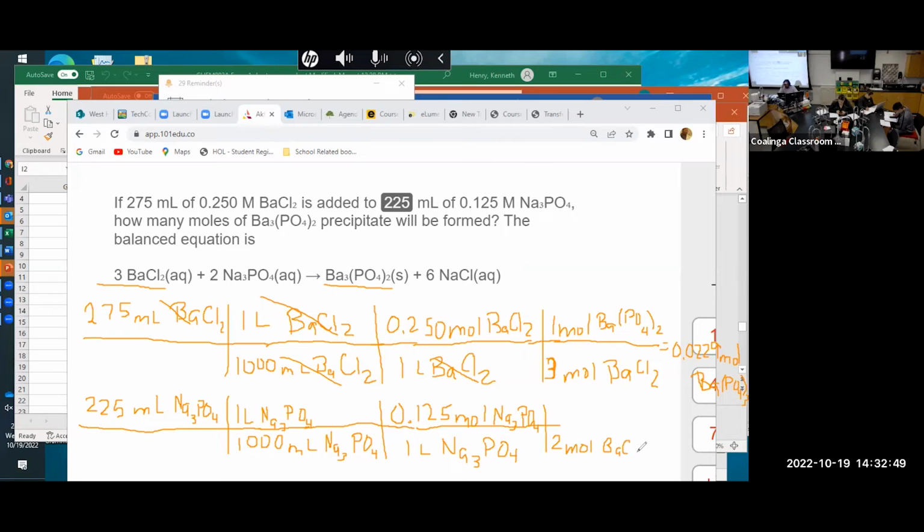Oops, sorry, wrong thing. Sorry, sodium phosphate. Again, that will be 1 mole of barium phosphate.